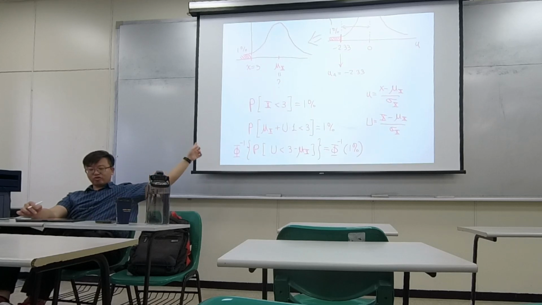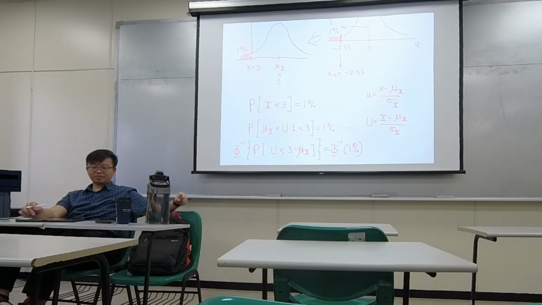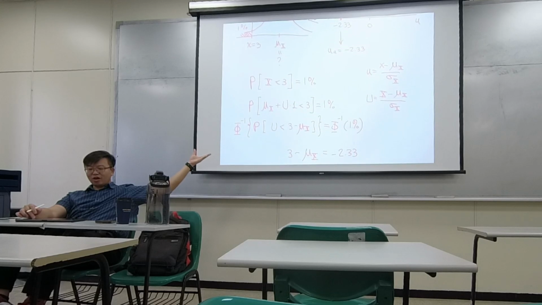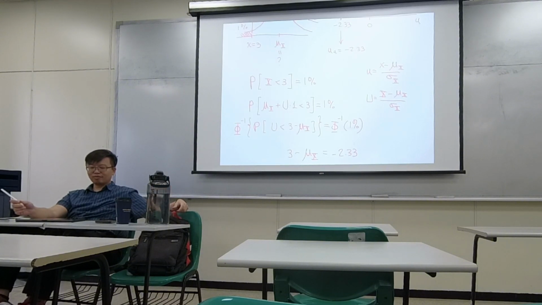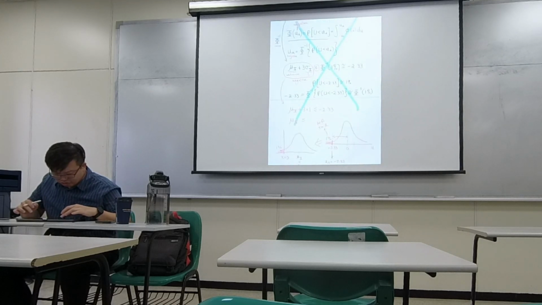I can convert to P of mu plus capitalized U times standard deviation, smaller than 3. I want this to be exactly 1%, but I don't know my mu x yet. So here I will perform this inverse CDF transformation. Let me remind you what's happening here. I actually wrote it here.